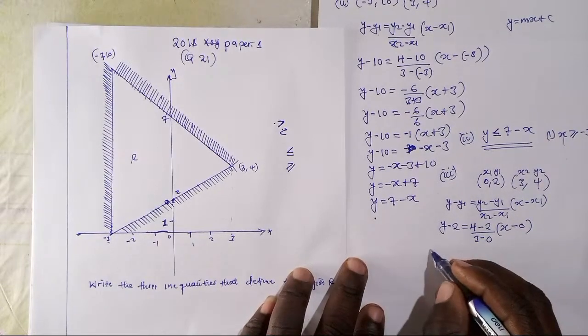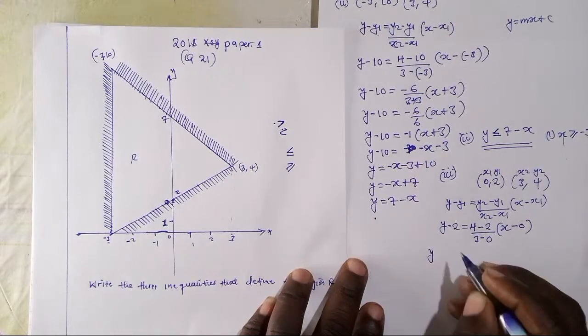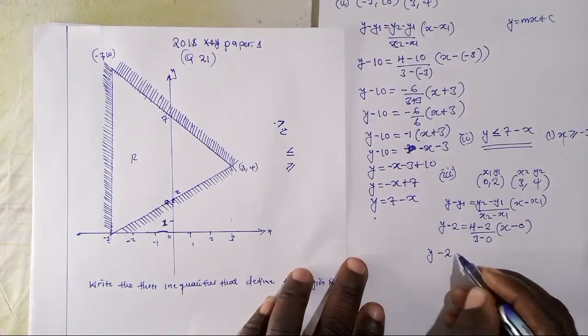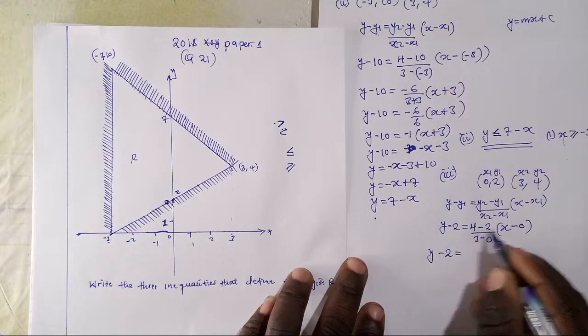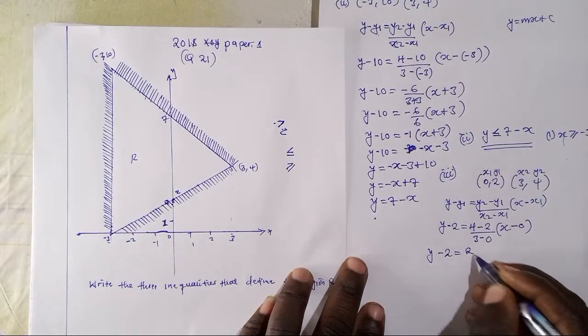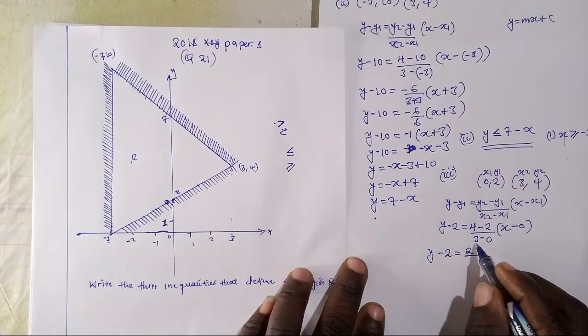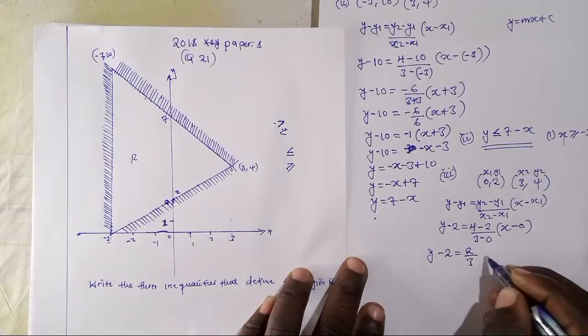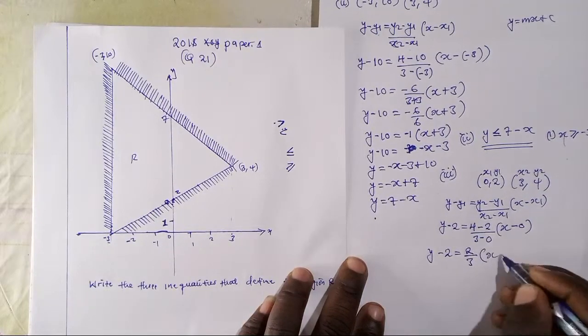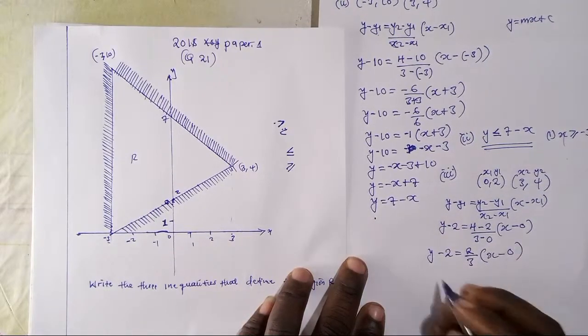So therefore we have y minus 2 equals 4 minus 2, which is 2, over 3 minus 0, which is 3, then open bracket, x minus 0, right?